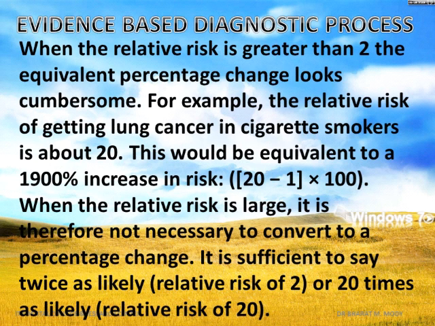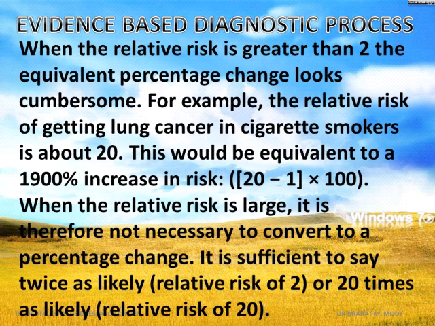For example, in lung cancer and cigarette smoking, the relative risk is about 20. This would mean 1,900%. The same thing could be represented as 20 minus 1 into 100, and that gives you a saying that it is 20 times more.